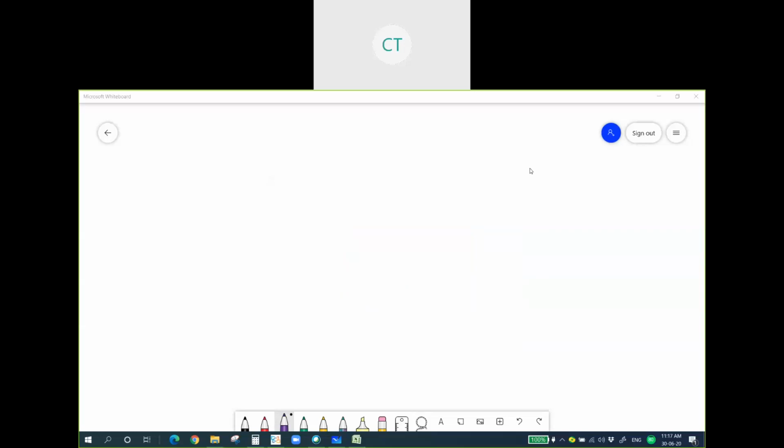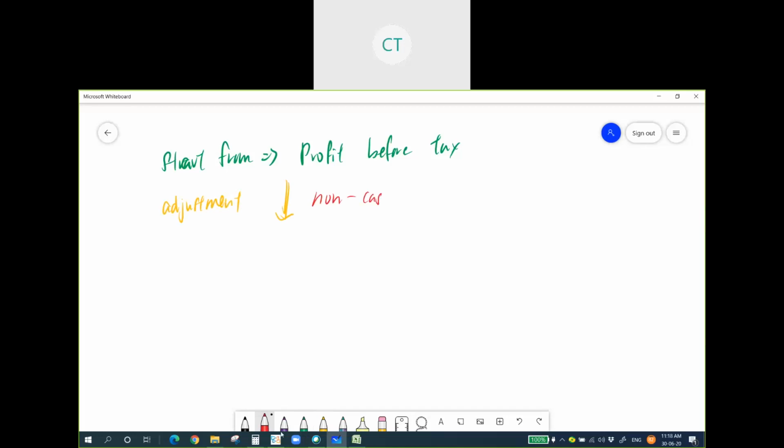So the first thing we use is what? The cash flow statement always starts from profit before tax. And then after that, we do the adjustment for non-cash transactions. It means those transactions without the cash movement.